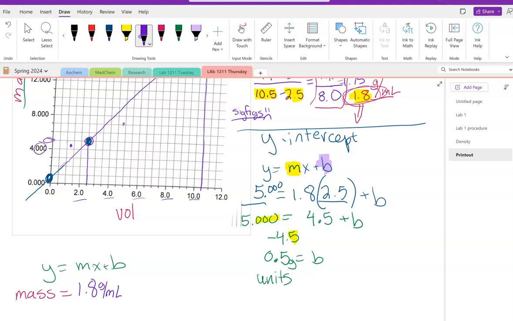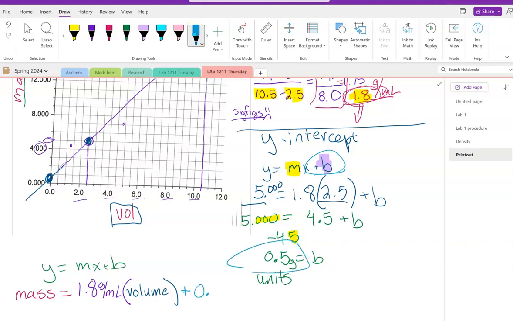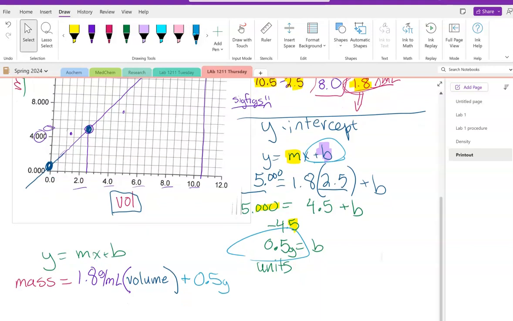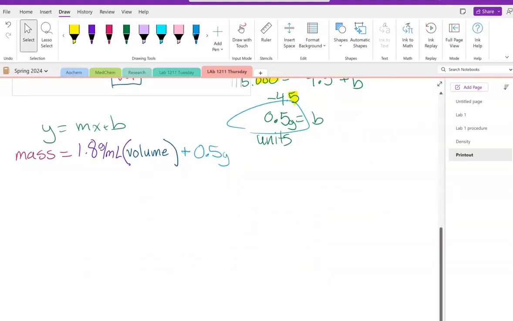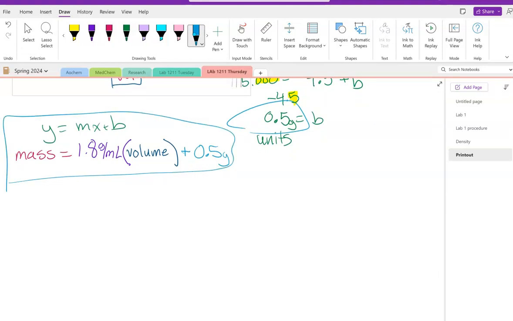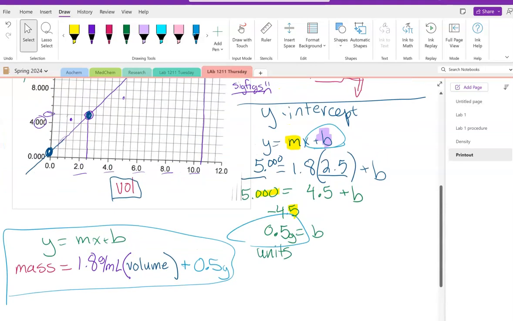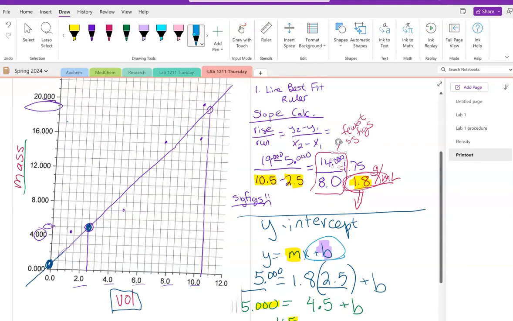Got to have those units. And then x: right here, we see volume is on the x-axis, so I'm going to write the word volume. And then plus my b, which we said was 0.5 grams. And that would be your final answer for your line. You would write your answer on your graph.